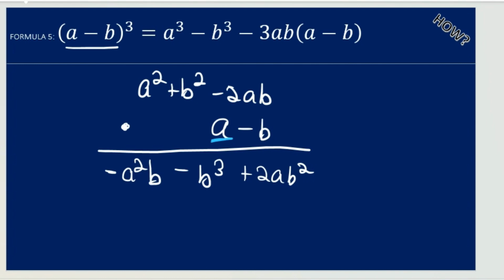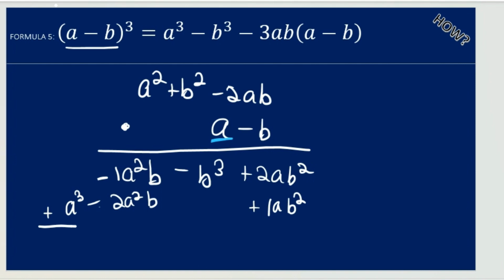A times negative 2ab is going to be negative 2a squared b. Okay, so now a times b squared is going to be ab squared. So we're going to write that over here, ab squared. Now a times a squared is going to be a cube. So I'm just going to add that all the way over here.